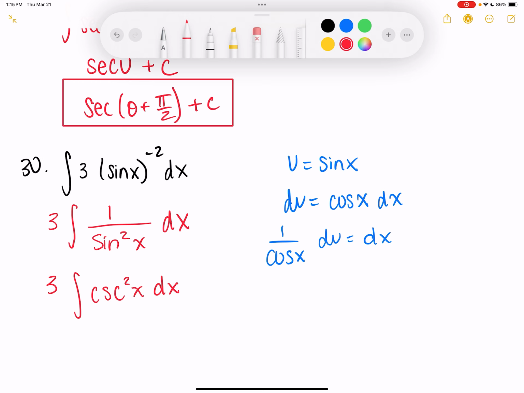Negative cotangent, because the derivative of cotangent would be minus cosecant squared. So this would be negative 3 cotangent of x, not dx, plus c.